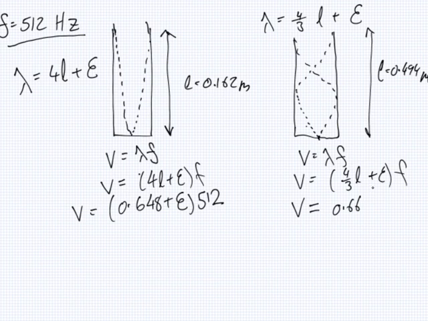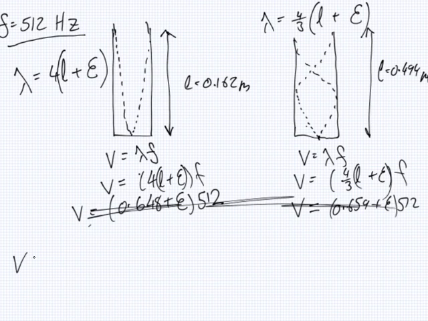Thank you. 0.659 plus error, times 512. I think I did something wrong here. Oh, I should add brackets here. That's okay, I'll fix that.